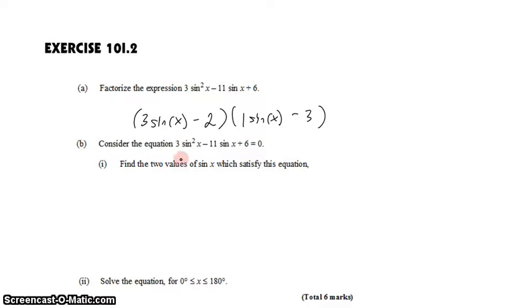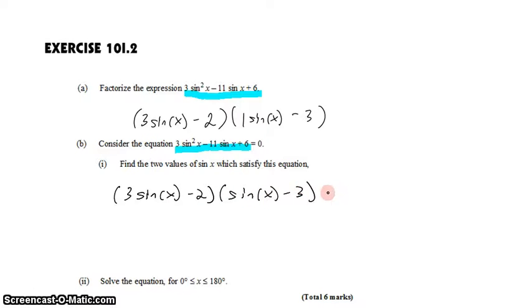For part B, consider the equation 3 sine squared of x take 11 sine of x plus 6 is equal to 0. Well, hopefully one thing you notice is that this expression is the same as this expression, which is going to allow us to say that since this is true, then 3 sine of x take 2 times sine of x take 3 is also equal to 0.